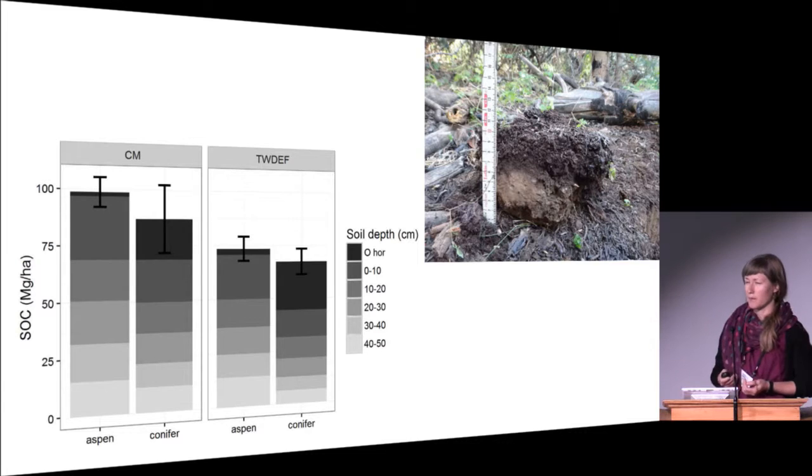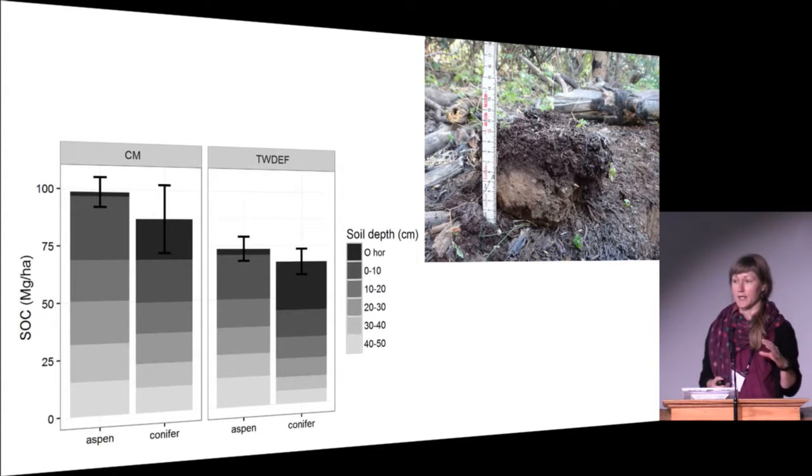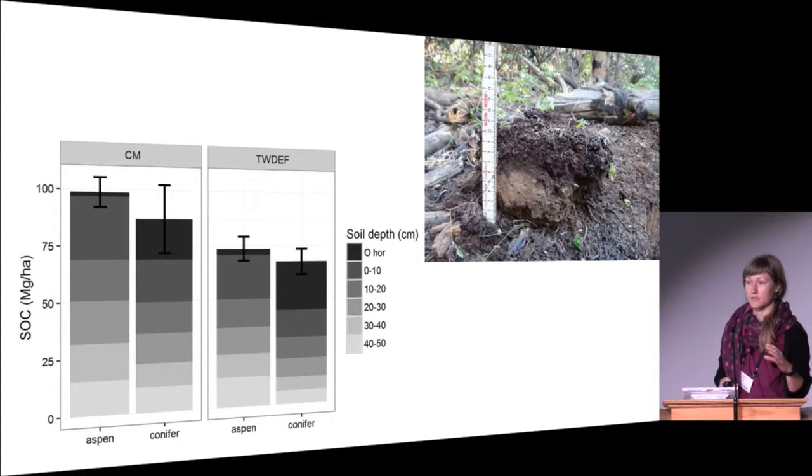And as most of you probably know, conifers have a very thick forest floor due to the chemical recalcitrance of their needles. They have higher lignin amounts and lower carbon to nutrient ratios, which makes it harder for the litter to be decomposed.